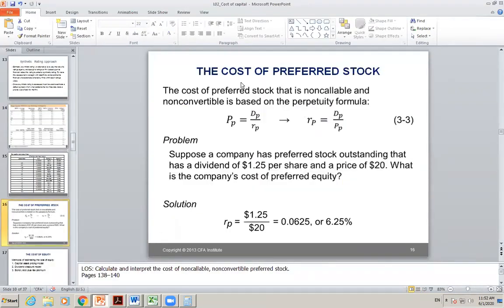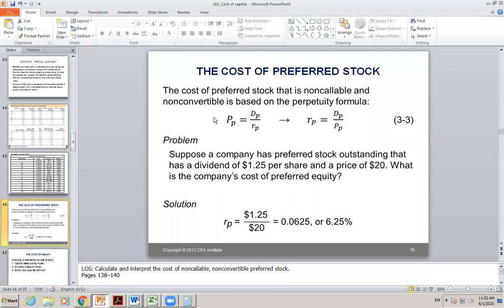Okay, coming to the cost of preferred stock. It is the second component of the weighted average cost of capital. Basically, we're using the perpetuity methodology.